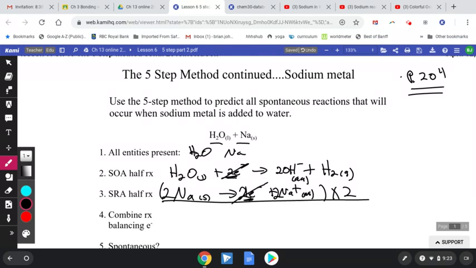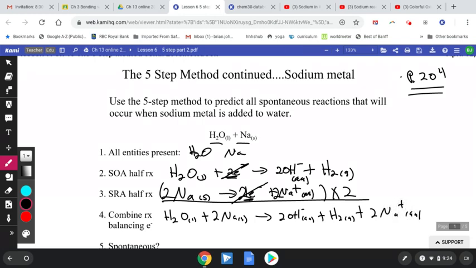Now we've balanced our electrons, we can add everything else up. H2O plus 2 sodium gives 2 hydroxides plus hydrogen gas plus 2 sodium ions. Okay, there's our balanced redox reaction.